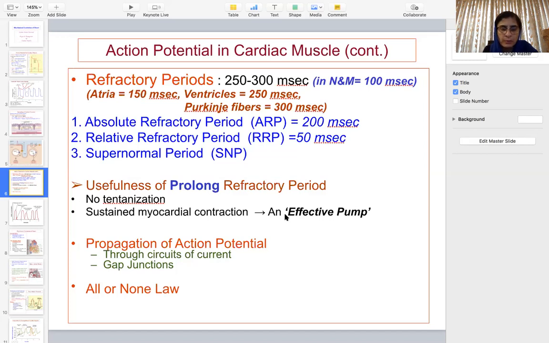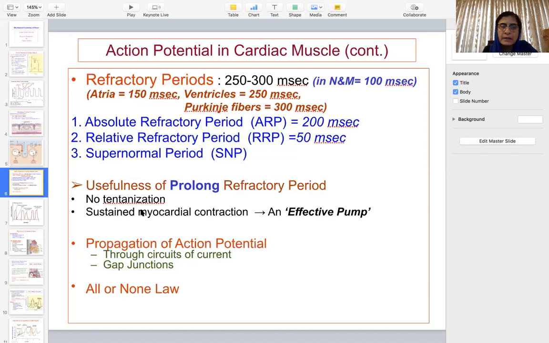It ensures an effective pump of the heart, and because of this sustained myocardial contraction, the heart muscle does not exhibit tetanization. Tetanization is a property of skeletal muscle, in which multiple stimuli, because of summation, can produce tetanus.